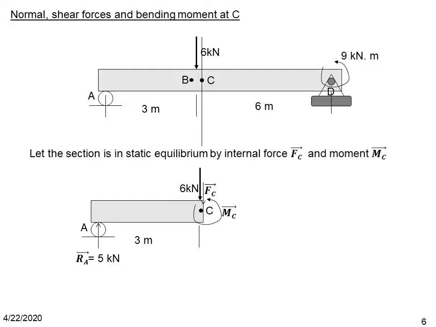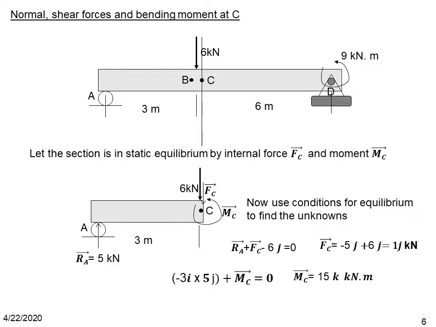And we're assuming that the internal force FC and the moment MC are acting at C so that the beam section AC will be in static equilibrium. To find the unknowns, we use the condition for static equilibrium as we discussed previously.